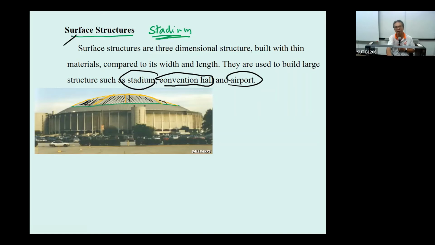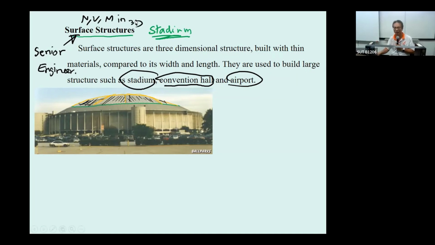You will have a chance to work on this one when you are posted to a senior engineer, or if you are a young engineer, you are very lucky to get this kind of big project. Okay, the surface structure will resist the axial force, the shear, and the moment in 3 dimensions.